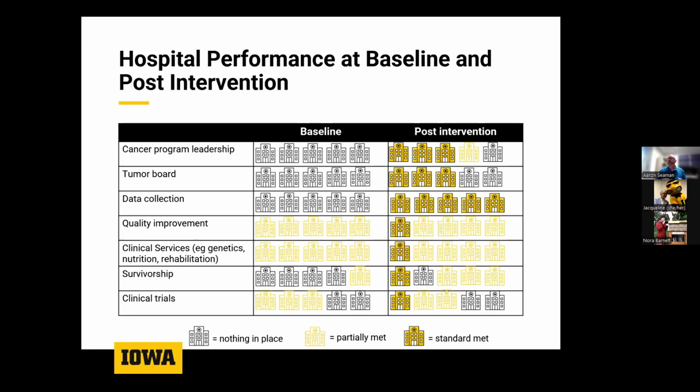We have 1 who is moving into specific quality improvement projects, and 1 who has made specific progress in terms of clinical services, thinking about hiring a specific role and using the participation in the network to leverage the ability to hire somebody, a nutritionist.